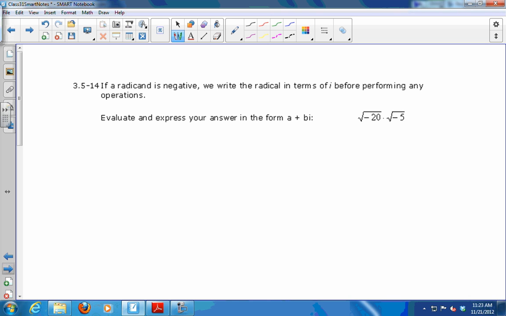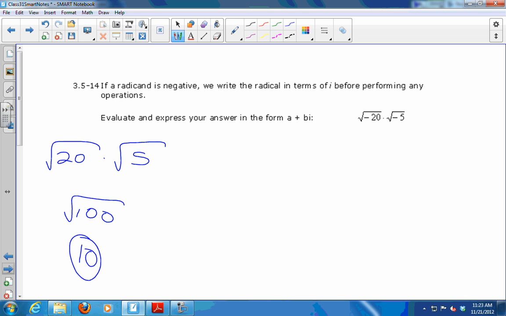Okay, last thing. If a radicand, that's the fancy word for the thing under the square root, is negative, rewrite the radical in terms of i before performing any operations. So typically, when we're doing standard work with square roots, you're allowed to multiply the things under the square root, 20 times 5 and get 100, and the square root is 10, right?